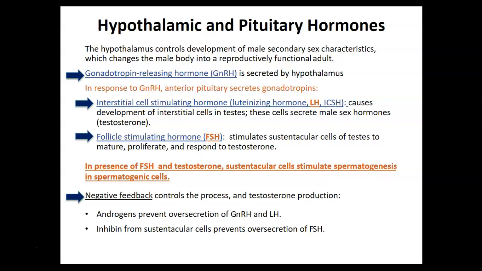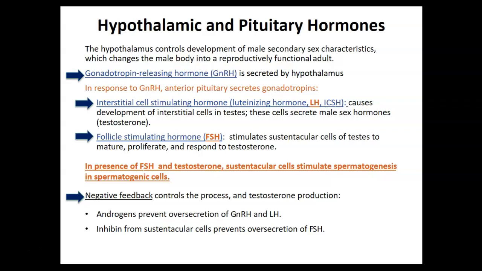So the big one that comes out of the hypothalamus is GnRH, gonadotropin releasing hormone. Now, this hormone will leave the hypothalamus, and it's basically going to go to the pituitary to stimulate the release of gonadotropins.